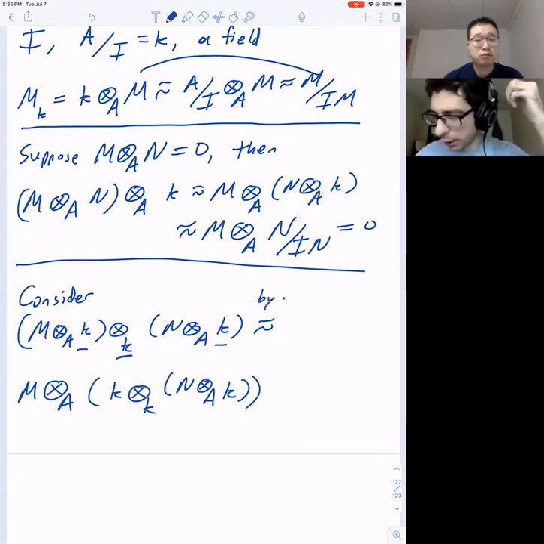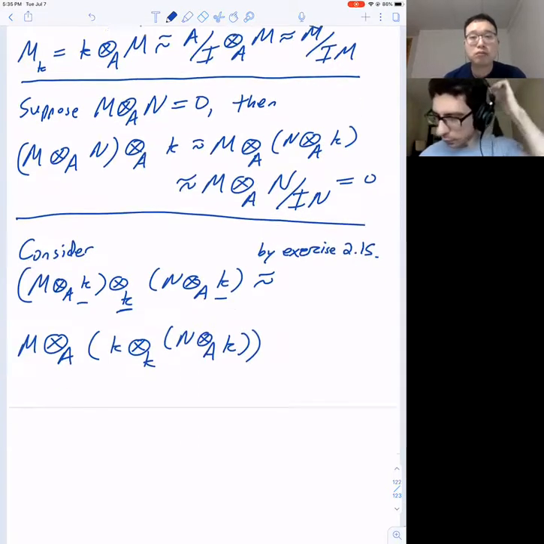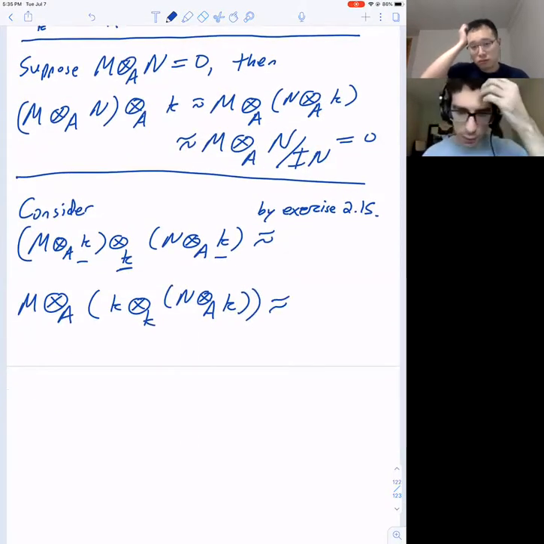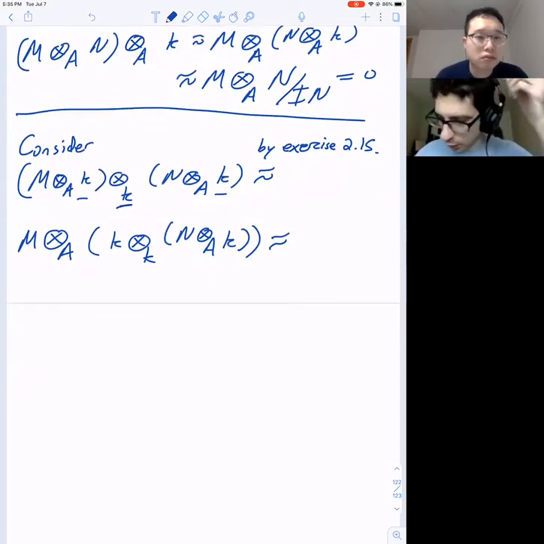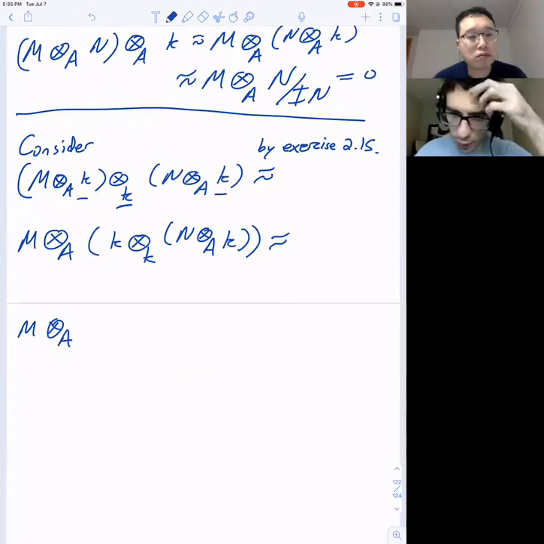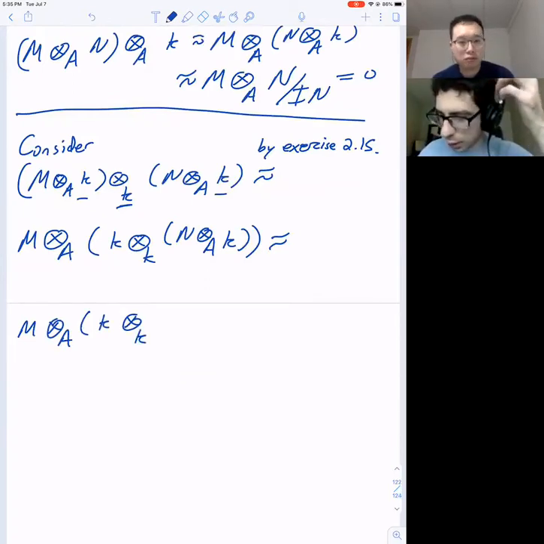This is by exercise 2.15, that very strange question about N being an A-B bimodule. So this is isomorphic to M tensor_A K tensor_K of N mod IN.